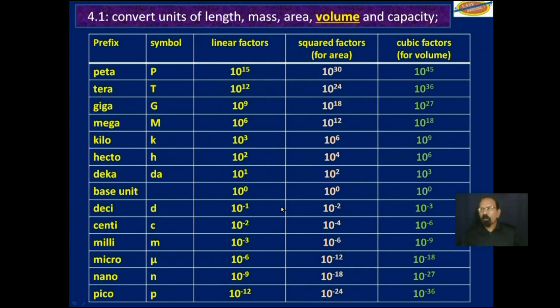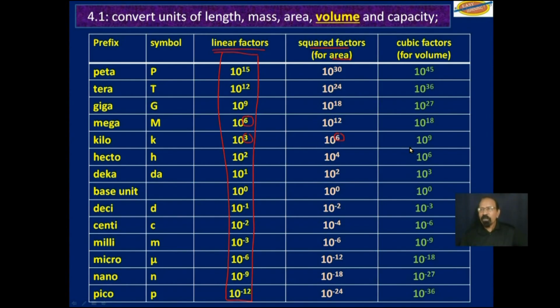Okay, remember just now when I told you you need to learn some of these things? Right now we are dealing with linear factors. And for the rest of this video, we will only look at these factors. But when you come to square factors, area, then we will square these indices here. If you say 1 kilometer is 10 to the third meters, then 1 square kilometer will be 10 to the sixth.